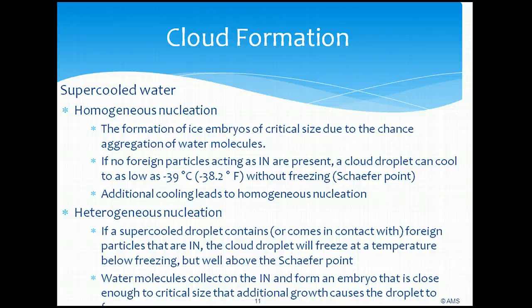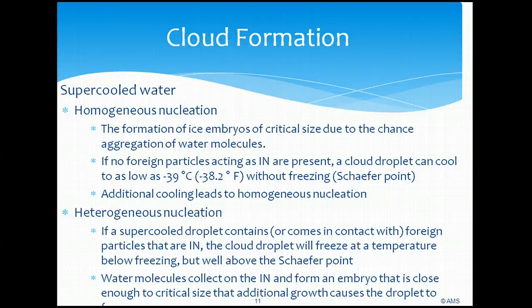This threshold temperature is called the Schaefer point, named for Vincent J. Schaefer, a pioneer in physics research at General Electric Laboratory in Schenectady. If the supercooled water droplet contains or somehow comes in contact with foreign particles, the ice-forming nuclei that we talked about earlier, the cloud droplet will freeze at a temperature below the freezing point but well above the Schaefer point.